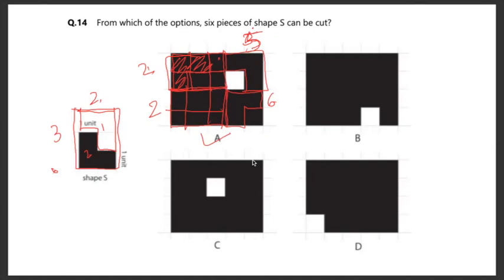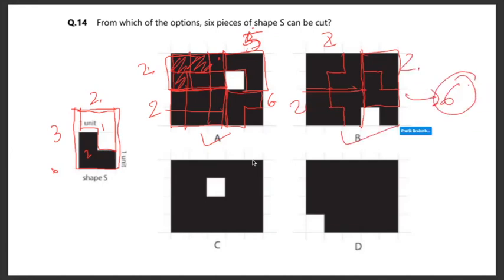In B, again, we'll follow the same method that we did with A. This is where one part, another part, and then so two pieces, 2 pieces, and 2 pieces. So B also can accommodate 6 pieces.